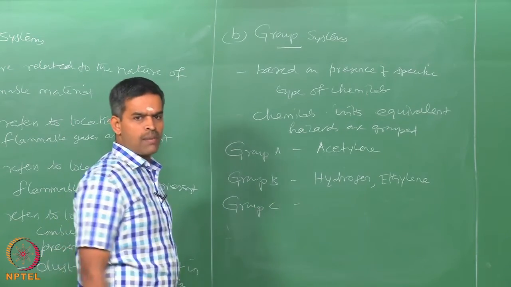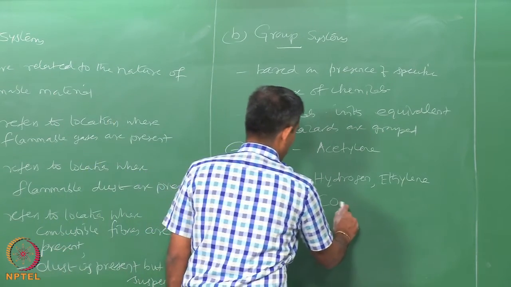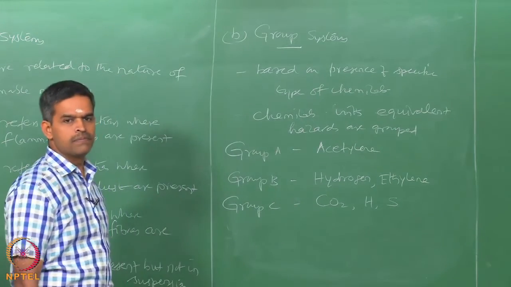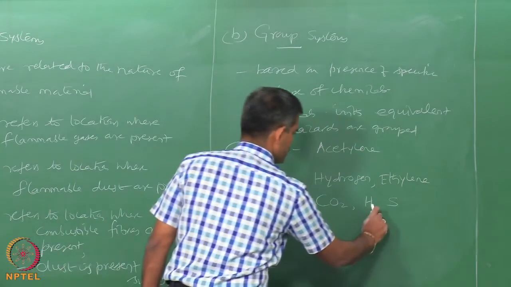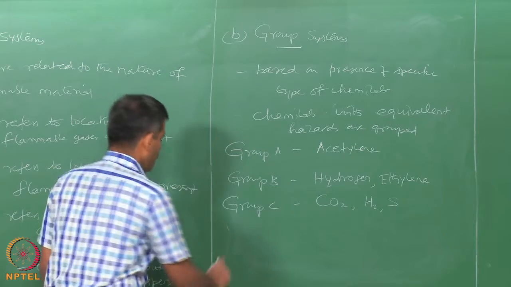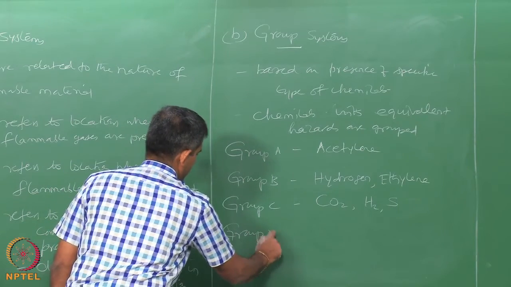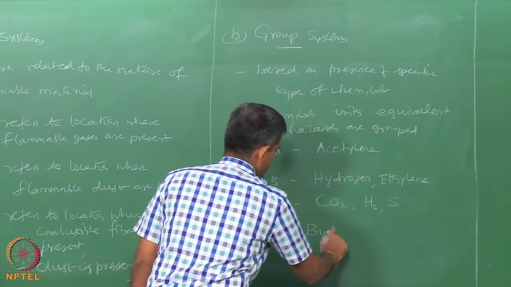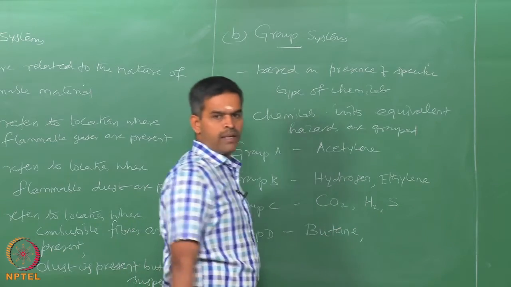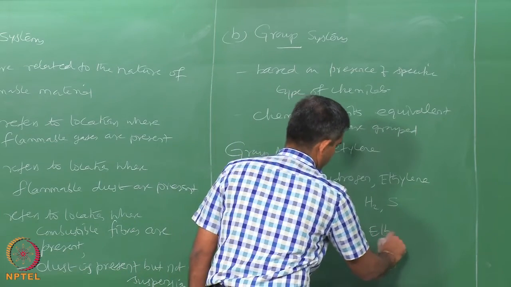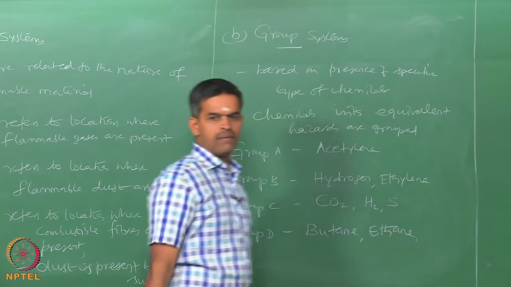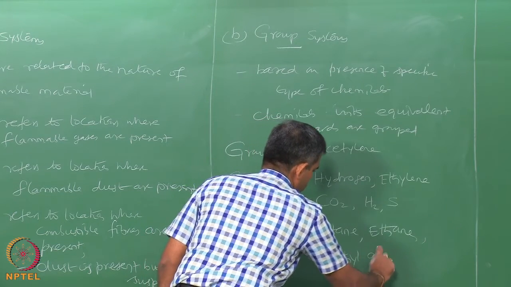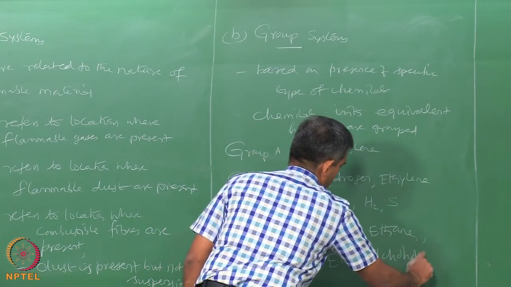Group C refers to chemicals like carbon dioxide, hydrogen sulfide, etc. Group D refers to chemicals like butane, ethane, ethyl alcohol, etc.